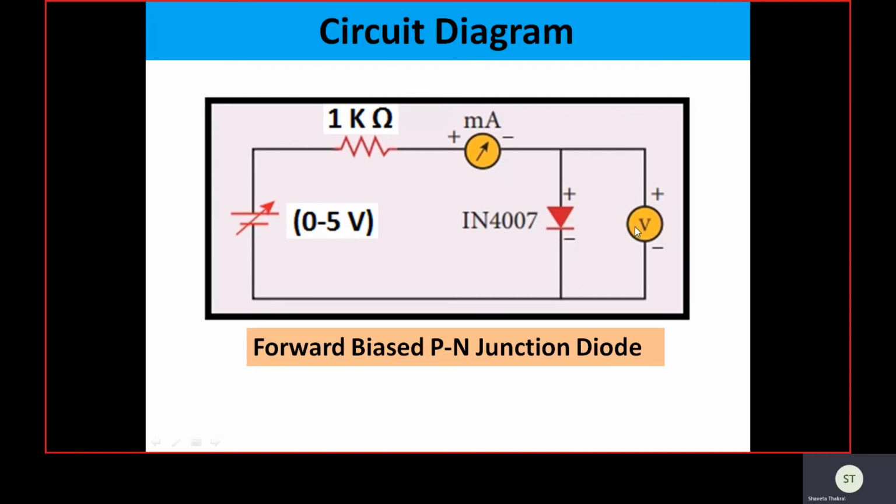We connect the voltmeter so that the voltage across the PN junction diode can be noted, and the milliammeter is connected in series so that the current flowing through the diode can be noted. According to this circuit diagram, we need to make connections for the forward biased PN junction diode. The p-type material is connected to the positive of the supply and the n-type material is connected to the negative of the supply, so that this PN junction diode gets forward biased.